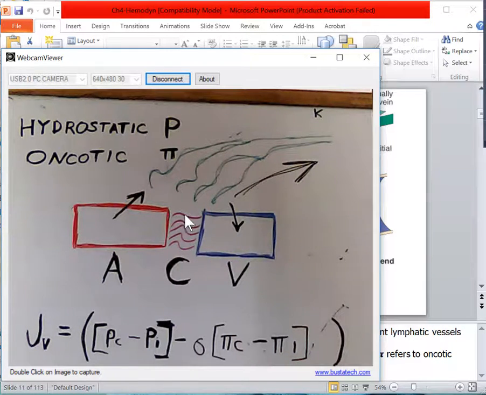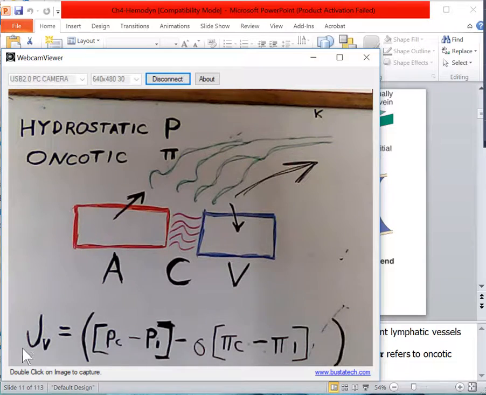And then you have your capillary part of your circulation, in which the hydrostatic pressure is about equal to the oncotic pressure, so there is no net flux of fluid in or out. But on the venous end, you have much lower hydrostatic pressure, and your oncotic pressure is now a bigger factor than your hydrostatic pressure.